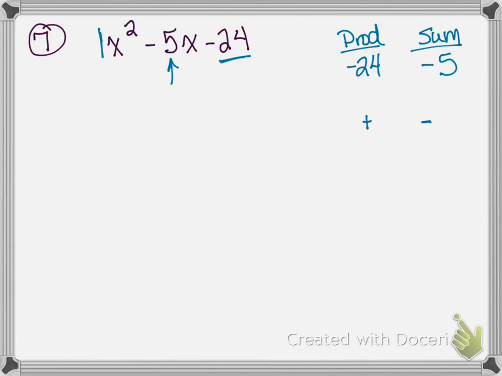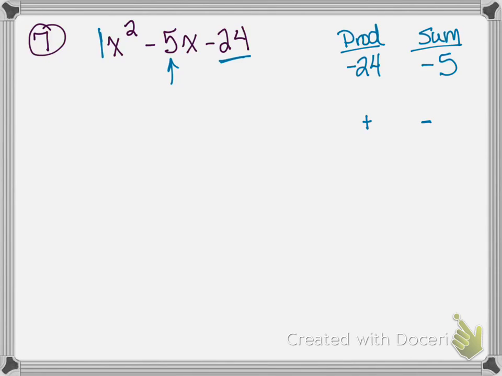When I add one positive and one negative together, my sum is going to take the sign of the bigger absolute value. So in this situation right here, my bigger absolute value is going to be negative. Okay?